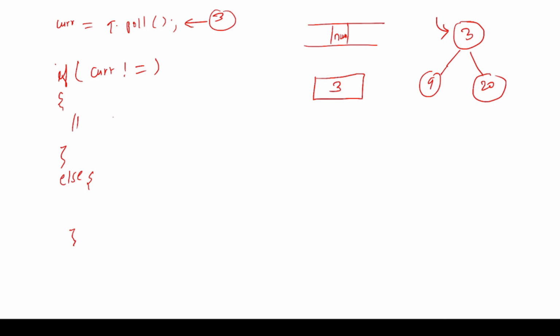When current is not null, what we do is add the current data to the list. So that part is done.